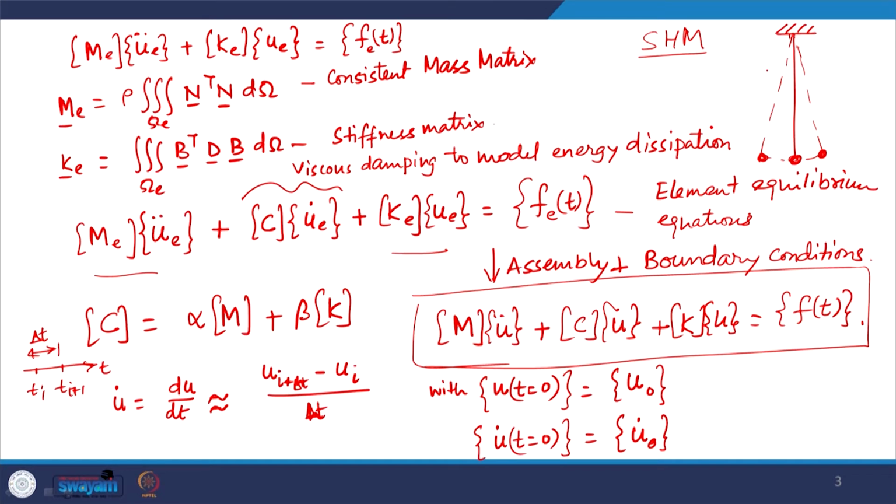It will cross the mean position at the same time, and every single point will reach the other extreme position at the same time. So it is not just SHM, it is synchronous SHM. Every single point executes simple harmonic motion of the same frequency, in phase: synchronous simple harmonic motion.